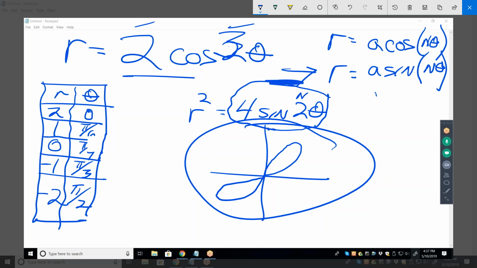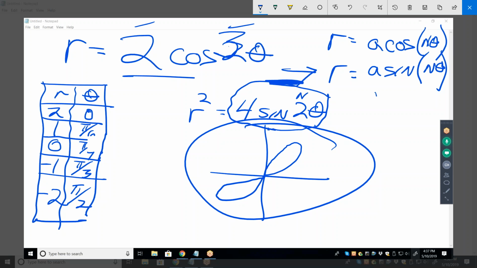That becomes a lot more important when you get into calculus and you're trying to figure out the arc length of this curve. But one thing I just learned today is that if r has no value, it's not at the origin, it's not on there.